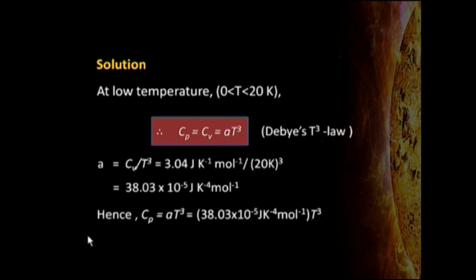Hence, Cp is equal to A T cube, which is equal to 38.03 into 10 to the power minus 5 joules Kelvin to the power minus 4 per mole multiplied by T cube.